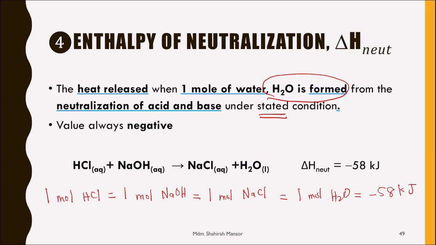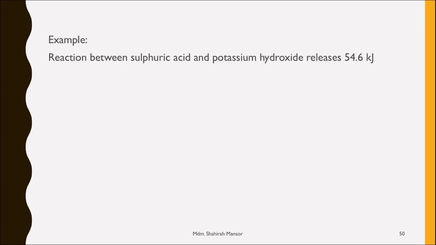So by doing this kind of ratio, instead of knowing how much energy is released for the formation of 1 mole of water, you can also find how much energy is associated with the HCl, sodium hydroxide and NaCl. You can simply do the ratio like what you did in chapter 1 semester 1.